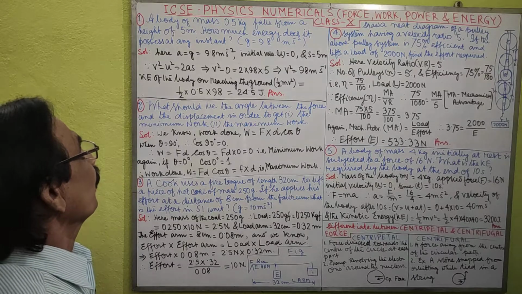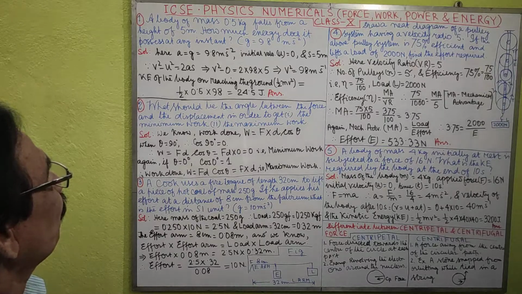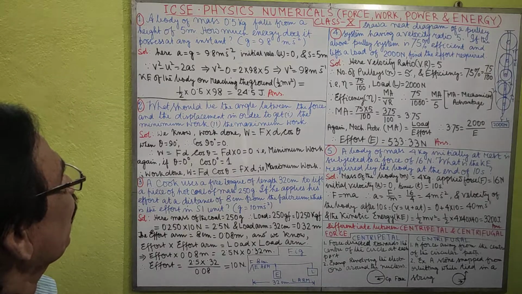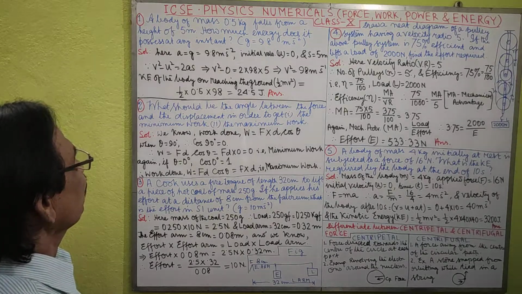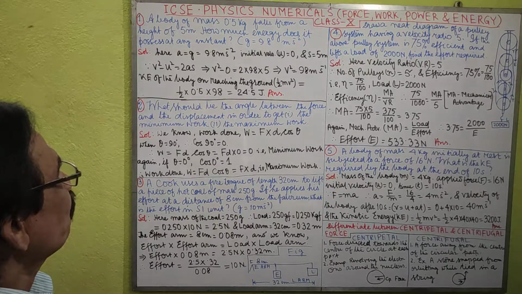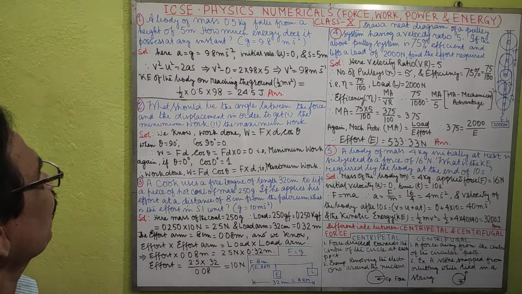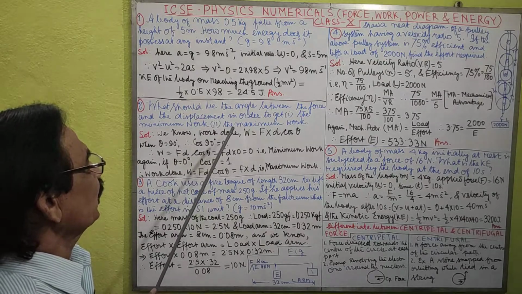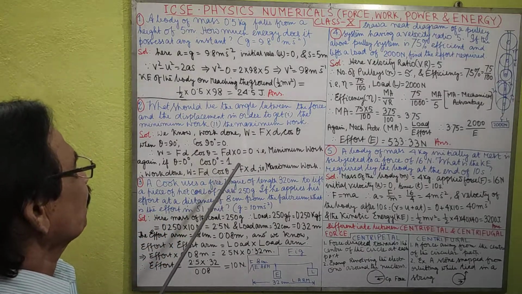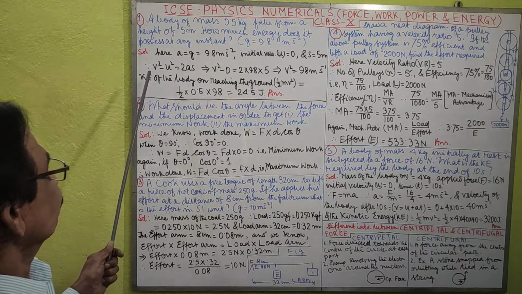Carefully note this. The first question is: a body of mass 0.5 kg falls from a height of 5 meter. How much energy does it possess at any instant? Given g equal to 9.8 meter per second square. Now the solution.